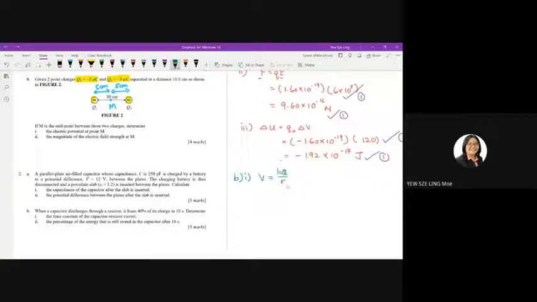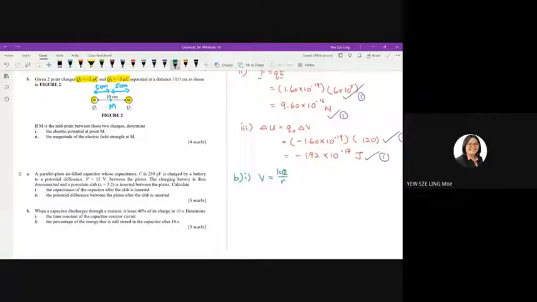The equation is given, but there are still mistakes in writing it. You wrote V equals kQ over r squared. Always refer to the list of formulas. You are given the formula, so you shouldn't make this kind of mistake in your answer. V is just equal to kQ over r.